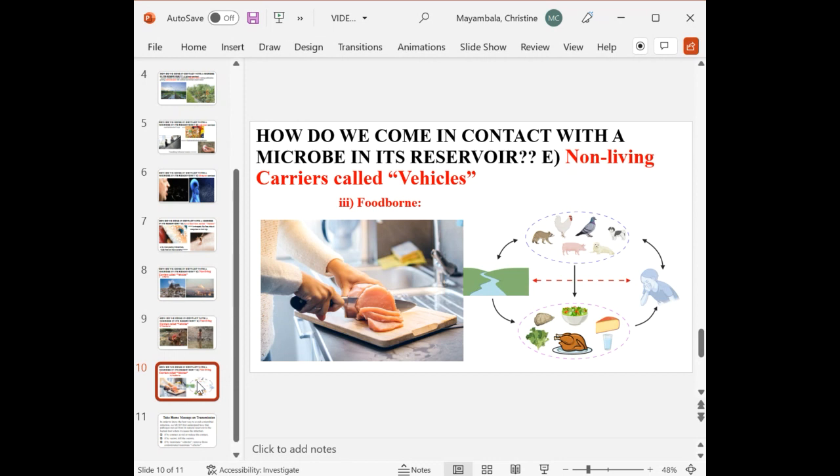So there you go again. In the chicken or in the cow, that microbe may have been normally living there, causing no problems, but when it's passed on to you, then it becomes a problem. Salmonella is a big example of that. You get a lot of salmonella poisoning from chicken that has the salmonella organism, and the chicken was not cooked properly, or the cutting board where they cut the chicken was not cleaned properly.